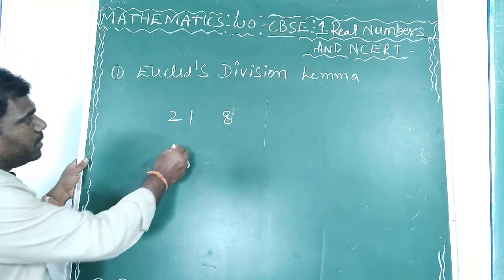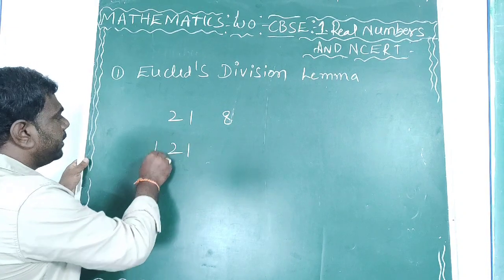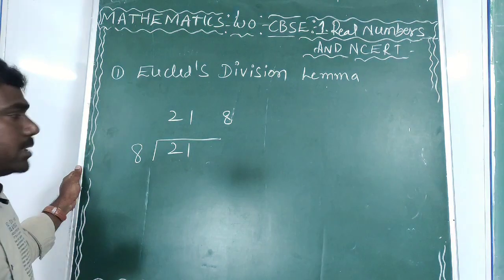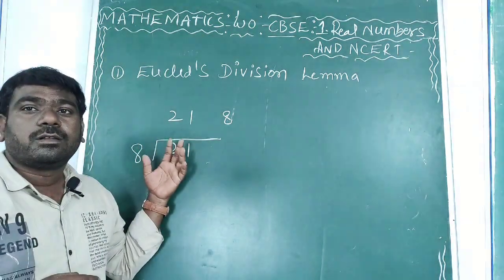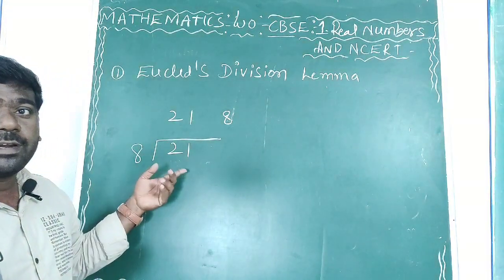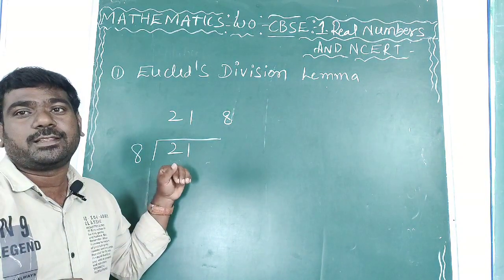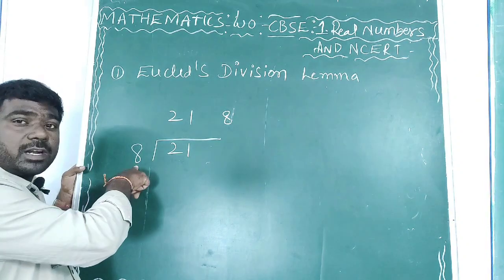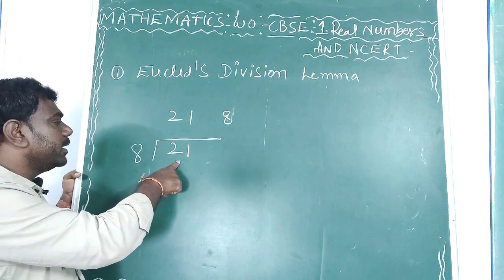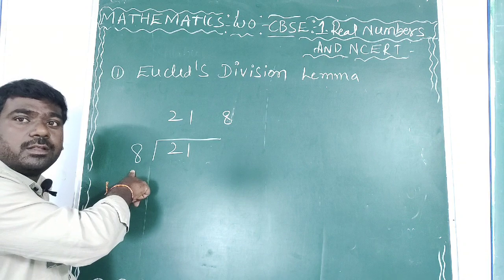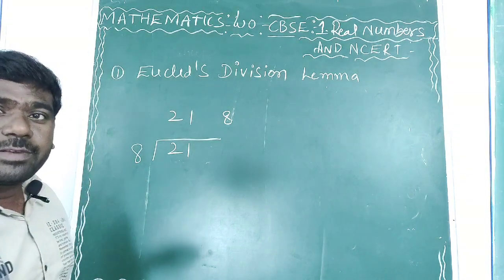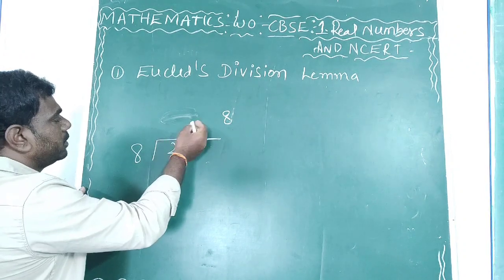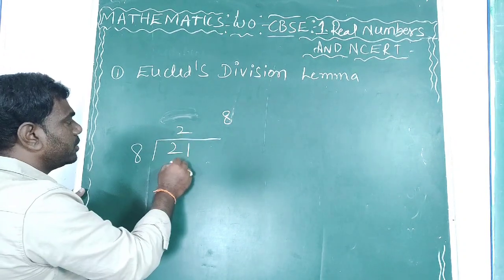Then we have to see. Suppose 21 divided by 8. How to divide? We already know very well how to divide the given numbers. 21 does not come in the 8 table exactly, so we have to take the nearest number. 8 twos are 16.